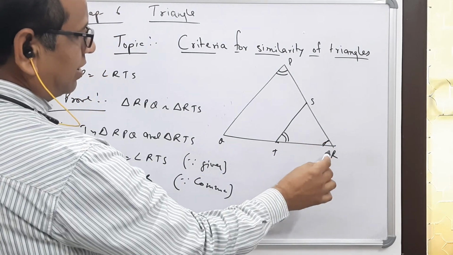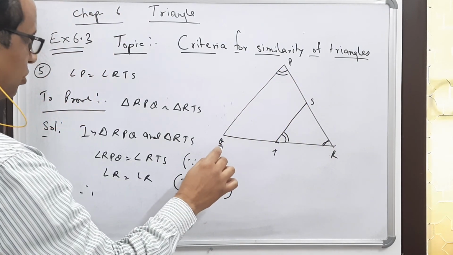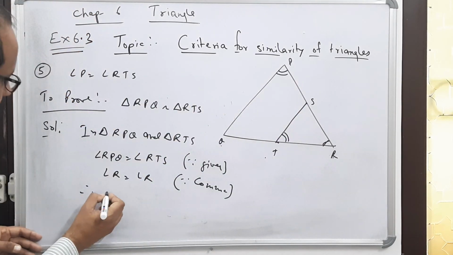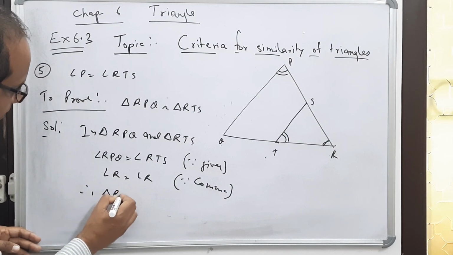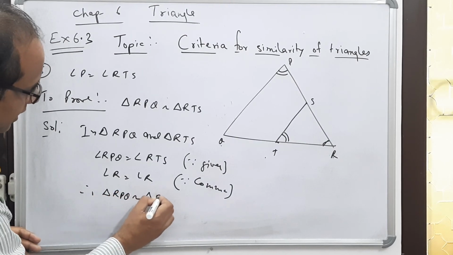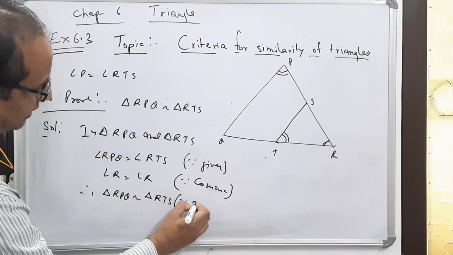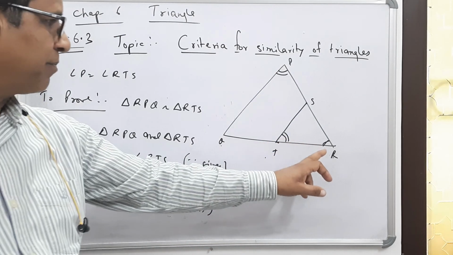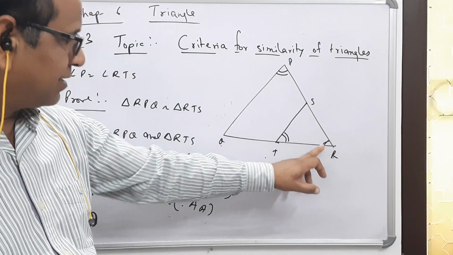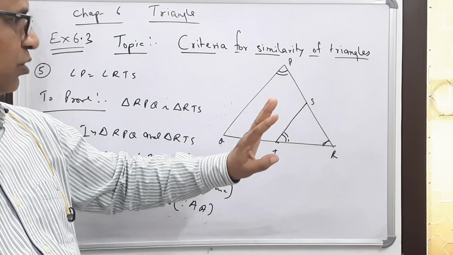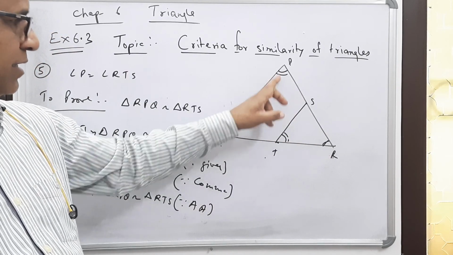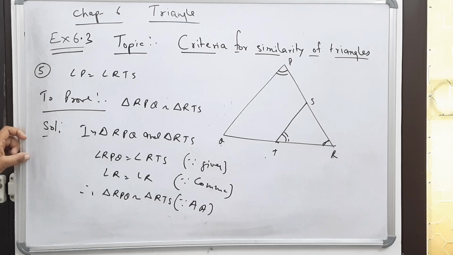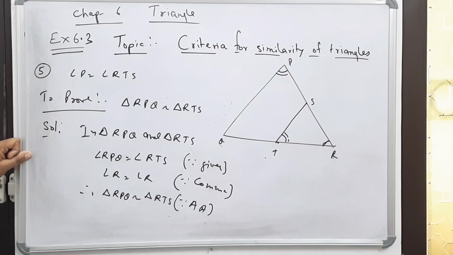So now triangle RPQ is similar to triangle RTS. Which criteria? It is the angle criteria. Once more you see, these two angles are already equal and R is a common angle. So in this way we can say that these two triangles are similar.